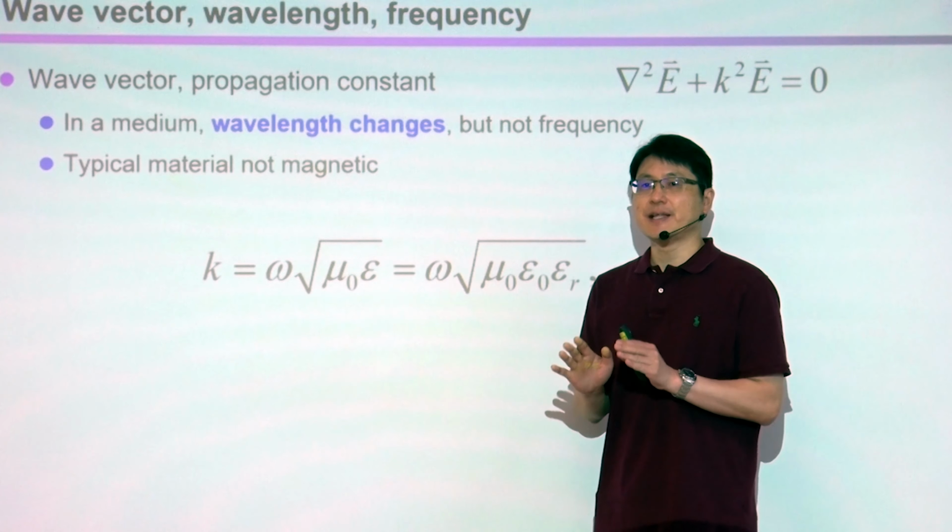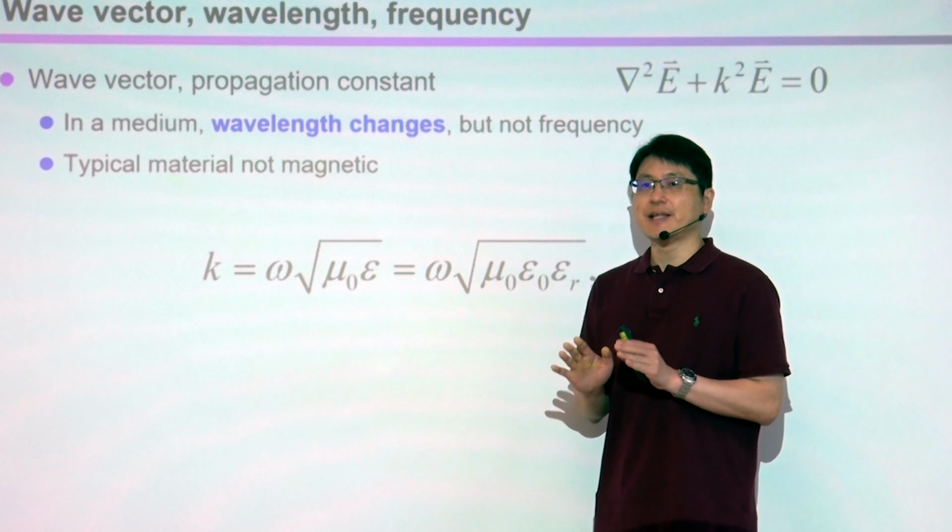So at this moment, try to guess what happens when epsilon is having an imaginary part. Take a look. What is happening? Eventually, you only care about e to the negative j k z, the propagation, right? The propagation constant tells you the phase accumulated for this wave propagating in space.